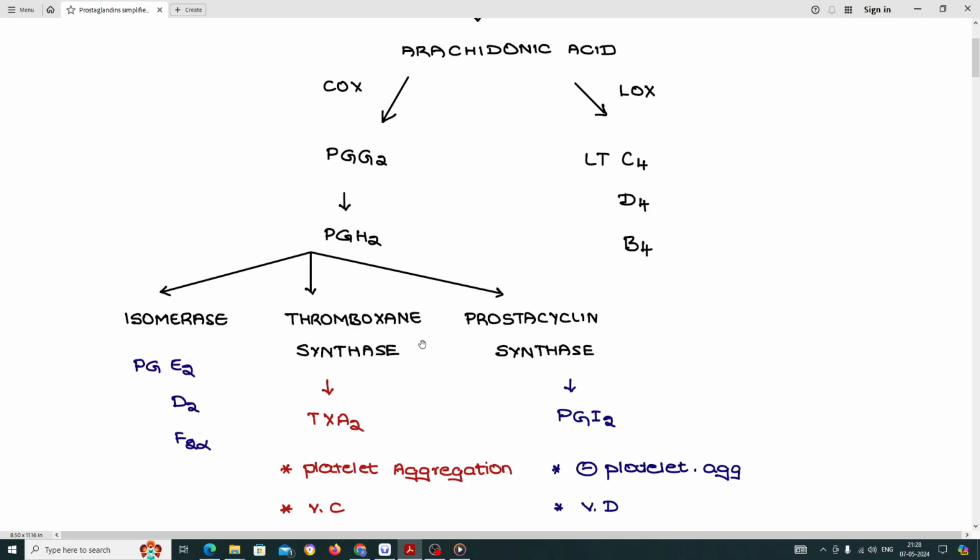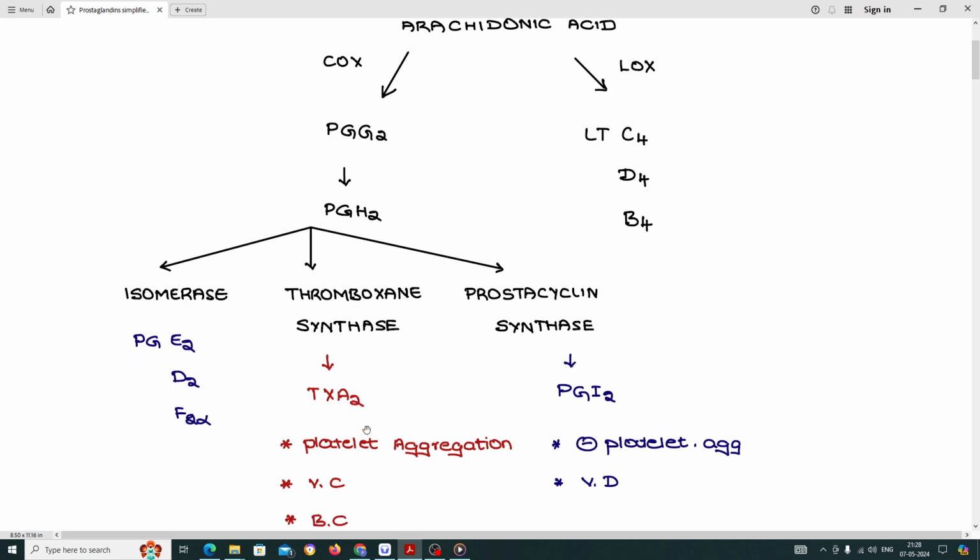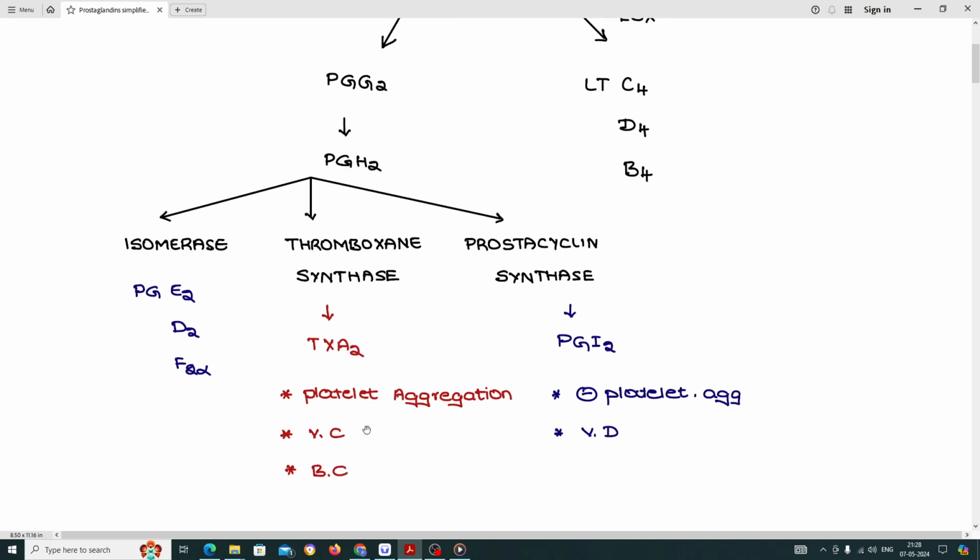And thromboxane synthase enzyme will lead to production of the thromboxane A2, which is a potent platelet aggregator, and also it causes vasoconstriction and also it leads to bronchoconstriction. On the other hand, we have a prostacyclin synthase which helps in production of the prostacyclin, that is PGI2, which is a potent vasodilator and it inhibits the platelet aggregation.